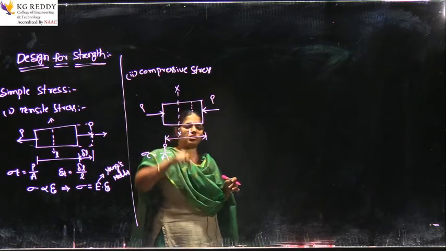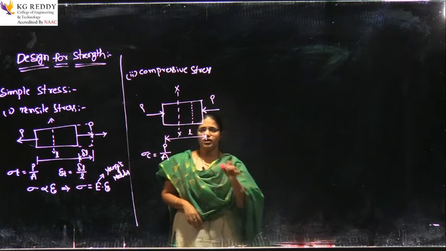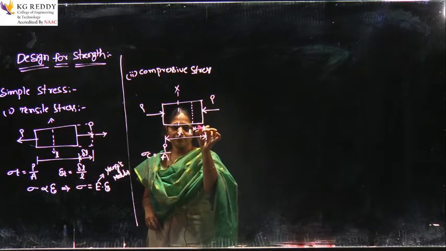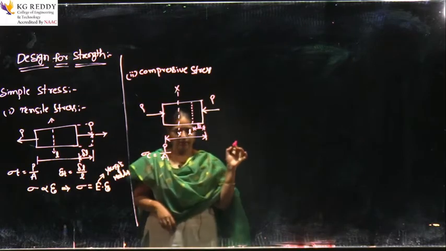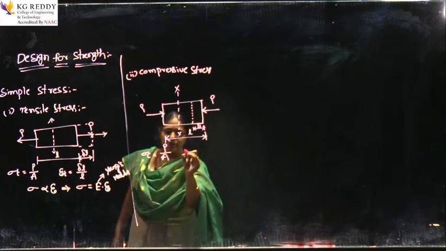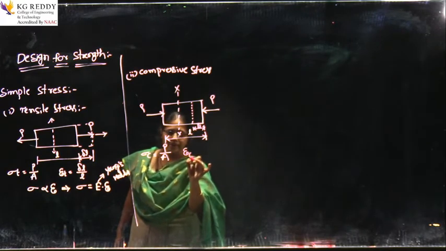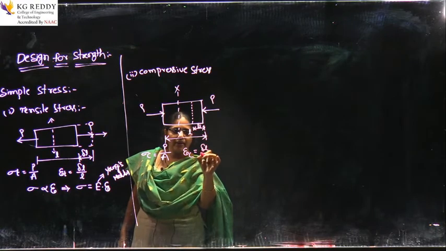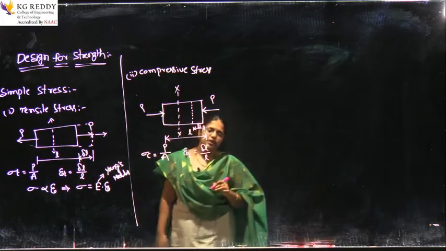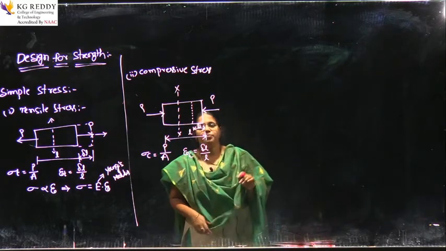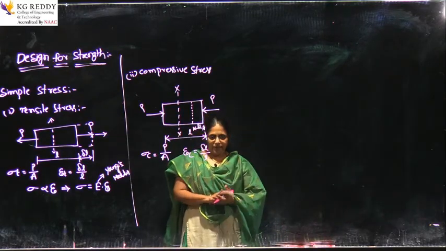This decrease is called delta L. Based on this concept, I represent compressive strain, epsilon c, equals delta L divided by L, that is, the change in length to the original length of the body. This is compressive strain.